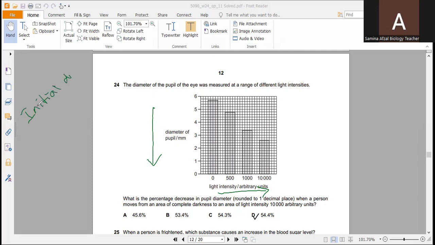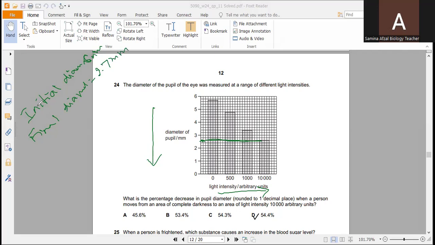Initial diameter is 6 millimeters and final diameter, you can see this is the final diameter, is about 2.7 millimeters.